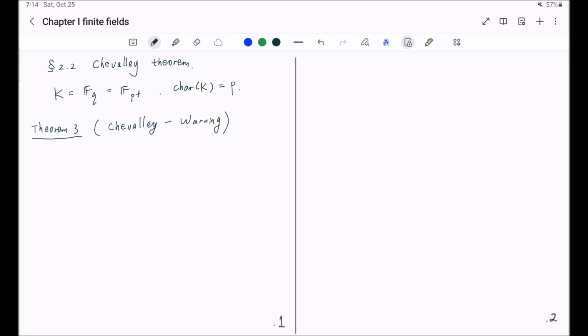Let f sub alphas be polynomials in n variables over K, such that the sum of their degrees is less than n. And we let V be the set of their common zeros in K to the n.